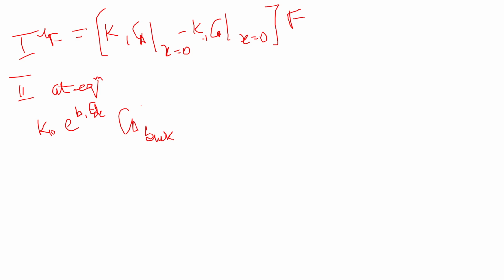So I can write Ca bulk equal to k minus 1 0, e to the power of b minus 1 E DC, times Cb.